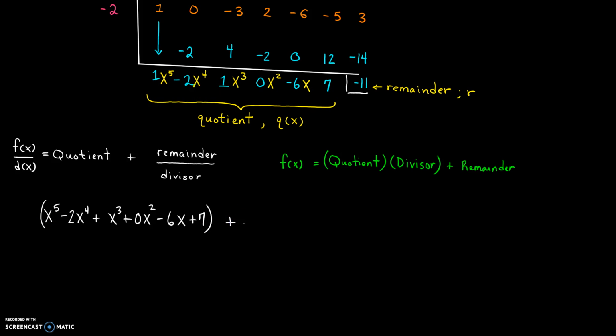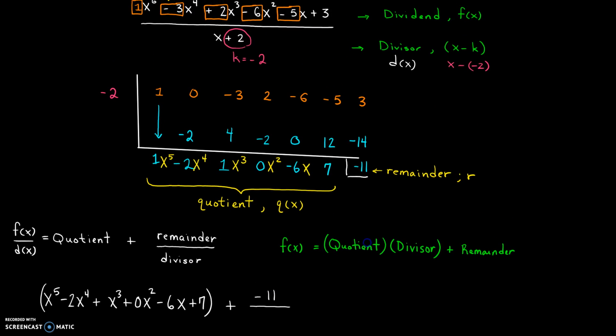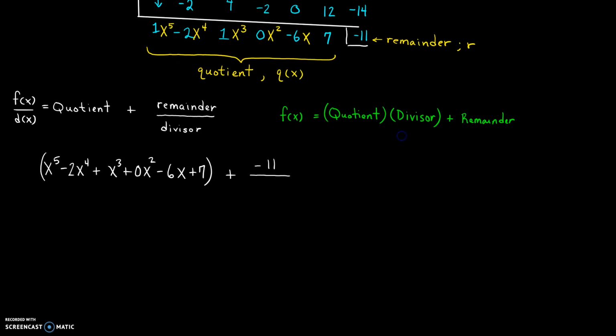Then we're going to have plus the remainder, which for us was negative 11. And our divisor, what were we dividing by? We were dividing this whole problem by x plus 2. In fact, x plus 2 is the divisor, so we're going to divide this by x plus 2. This would be one way to represent our answer.